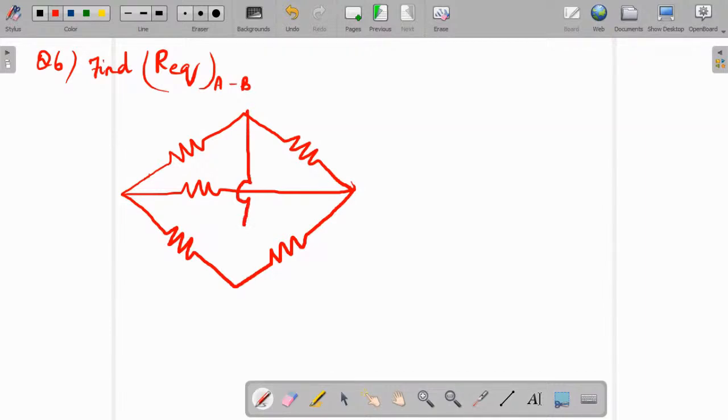You have a jump over here. Okay, and this is A and this is B. Resistance values are all equal to R.